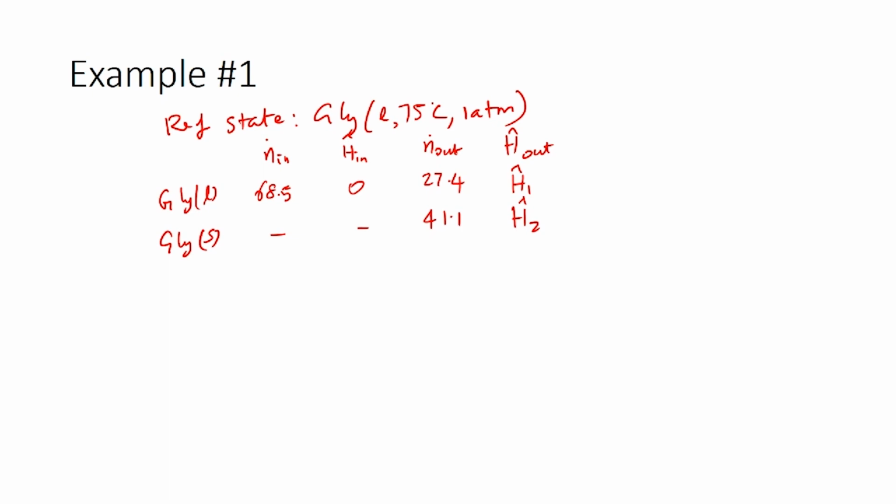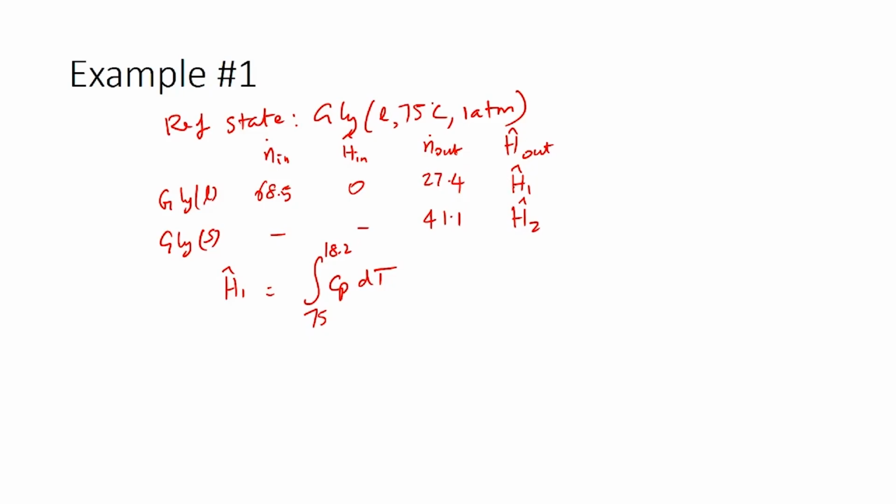Now the goal is to identify H1 cap and H2 cap, so that we can use them for energy balance calculations. So the first step is H1 cap, which would be the integral of Cp dT from 75 degrees Celsius to 18.2 degrees Celsius.